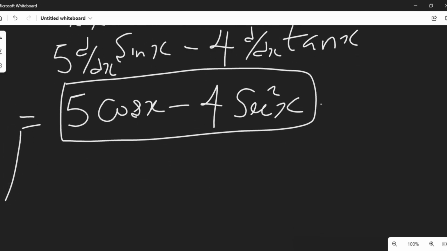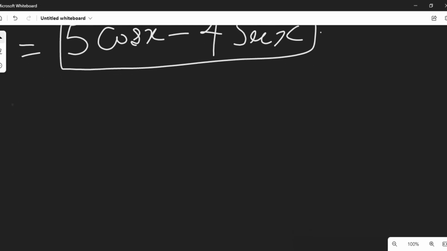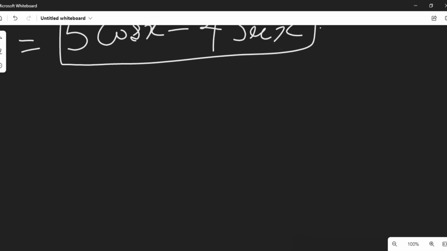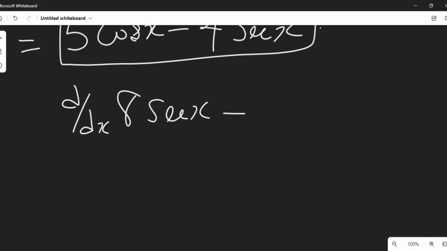Now let's try a final question which is also similar to this. Let's take another similar example. Now assume you are asked to differentiate, to find the derivative of 8 sec x minus 5 cos x.